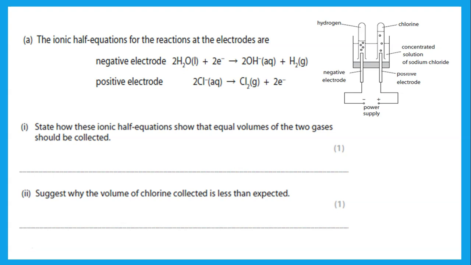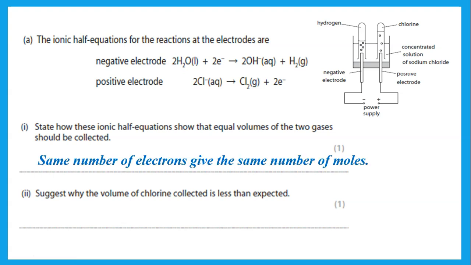Now, based on these equations, the first equation gives 1 mole of hydrogen. The second equation also gives 1 mole of chlorine. So from the equations, because the number of electrons are the same, the number of moles of the gases can be compared, and this gives the same number of moles of hydrogen and chlorine.